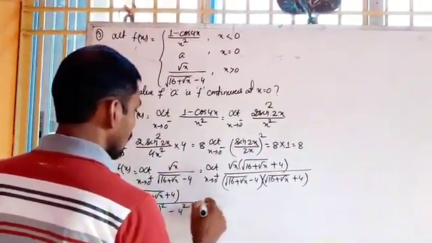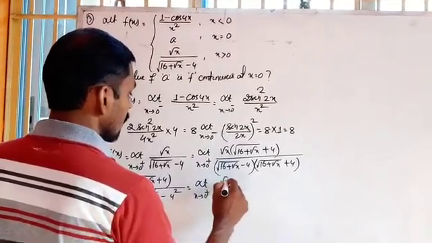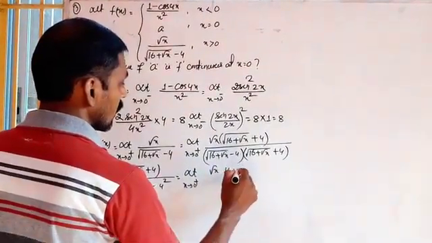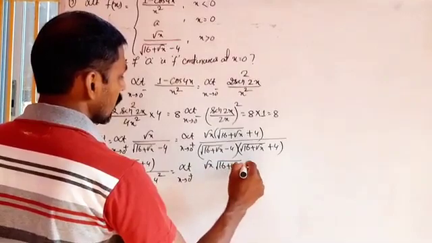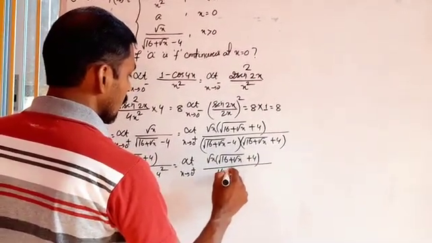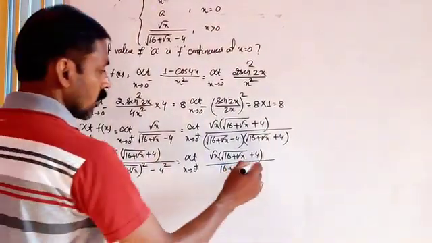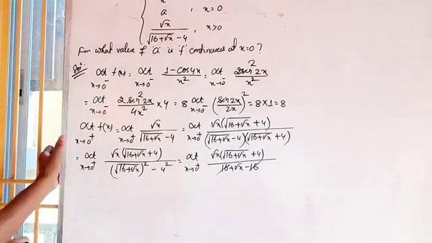So this equals limit x tends to 0 plus, root x into 16 plus root x whole root over plus 4, by it is 16 plus root x minus 16. I have plus 16 minus 16 cancel.